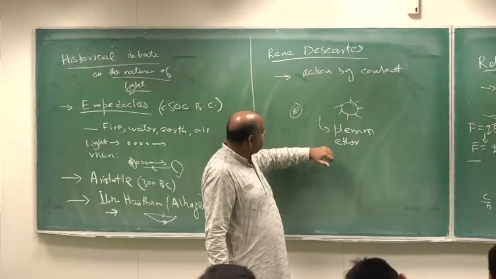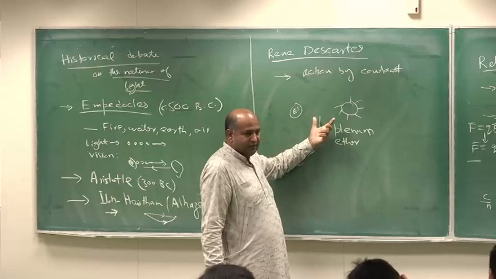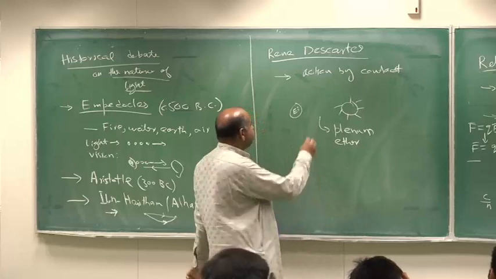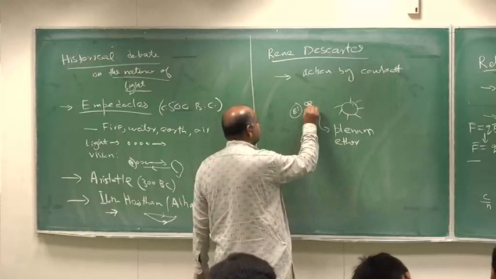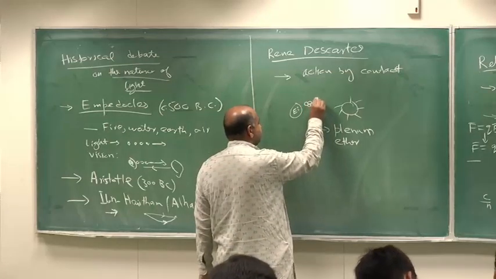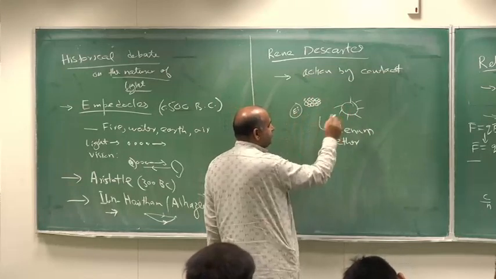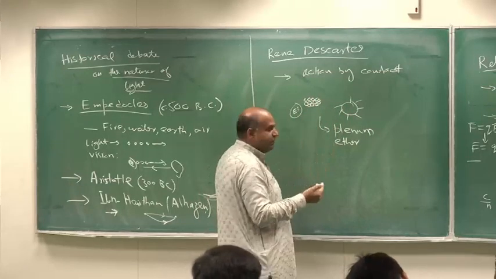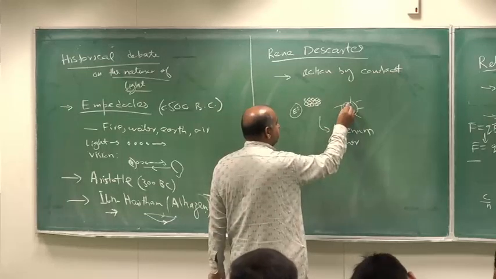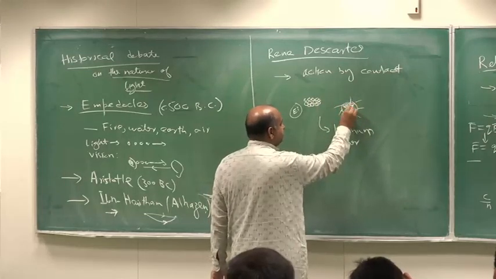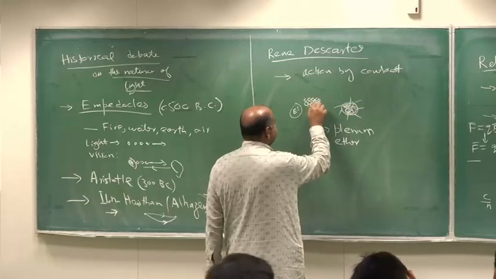And now to explain what light is, he hypothesized that this ether and this plenum is actually composed of fine particles. And the source of light, for example, the Sun or fire or anything, is made of other types of particles that are in violent motion. These are static. They don't go anywhere.